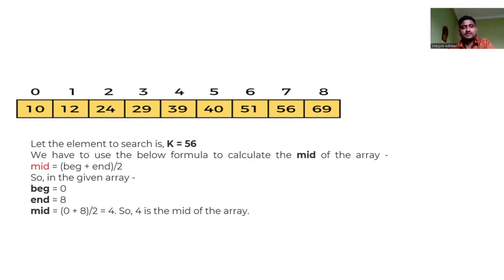The element to search is k equal to 56. Here we have to calculate the mid. The formula I have already told: beg plus end by 2. So in this given array, beg is 0, end is 8, and the mid is 4.